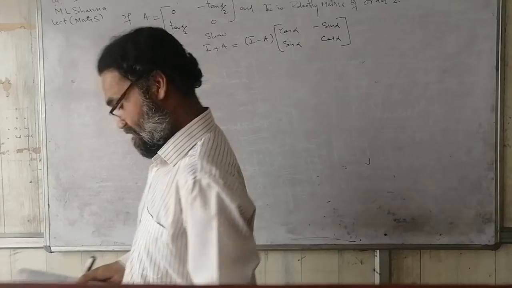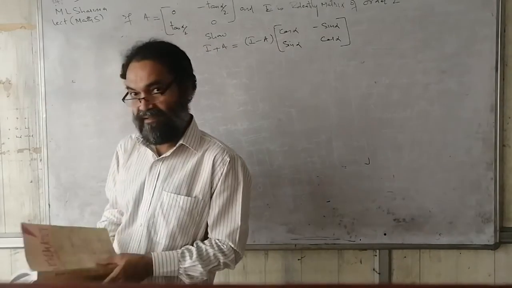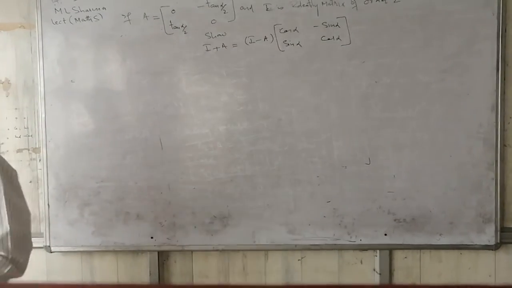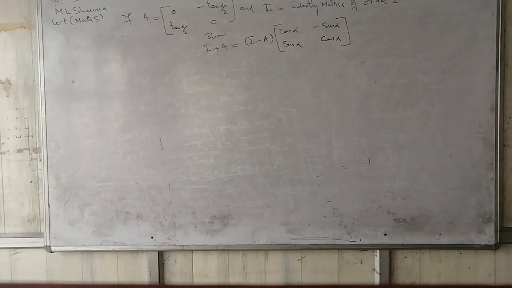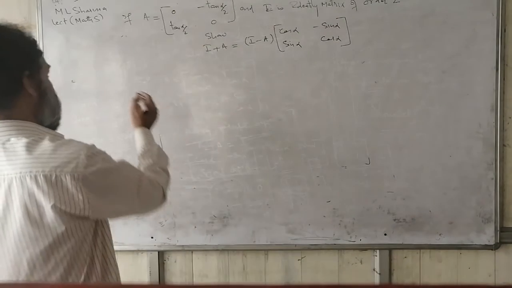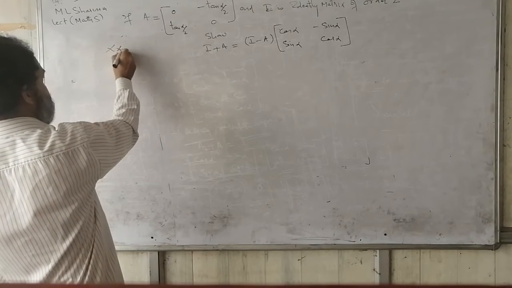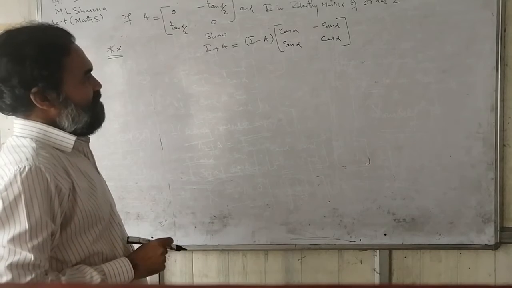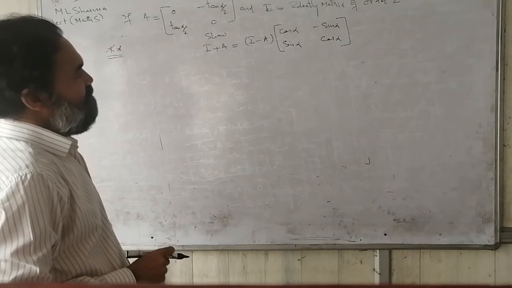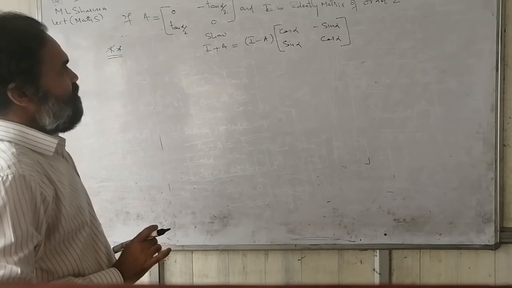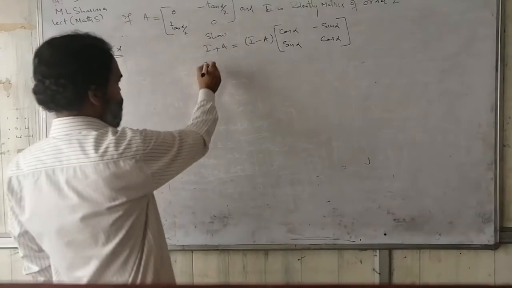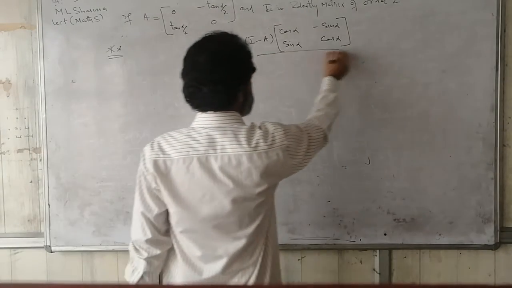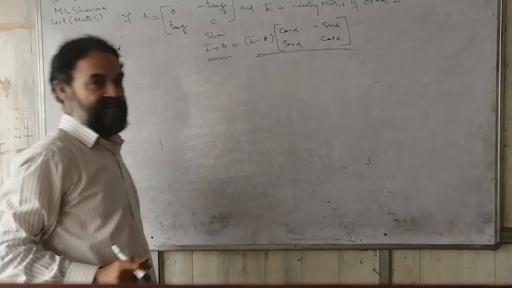This result is to be proved. So how can we, this is an important question, important from the examination point of view. So this result you have to show. It is a lengthy question.